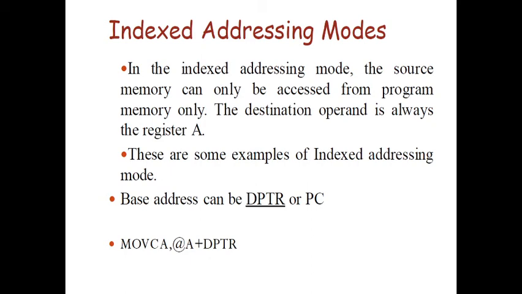What is the meaning of this one? What is the MOVC? In this instruction, C is nothing but code byte. Here C implies the code byte.